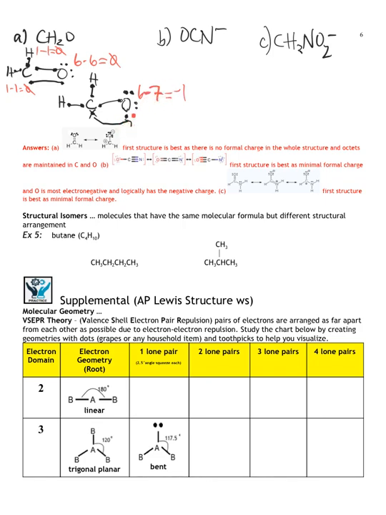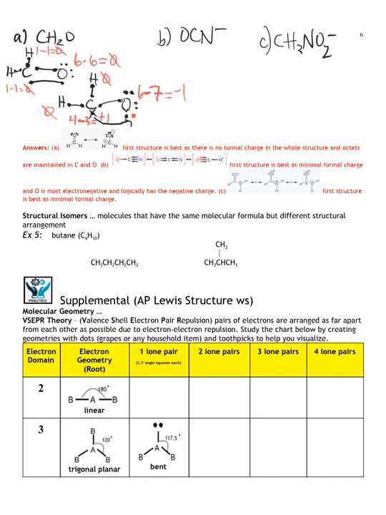Now let's calculate the formal charge of all the other atoms. 4 minus, and I only see 3, so plus 1 is the formal charge around the carbon, because carbon lost an electron. And if you calculate both hydrogens, you'll see that's 0.